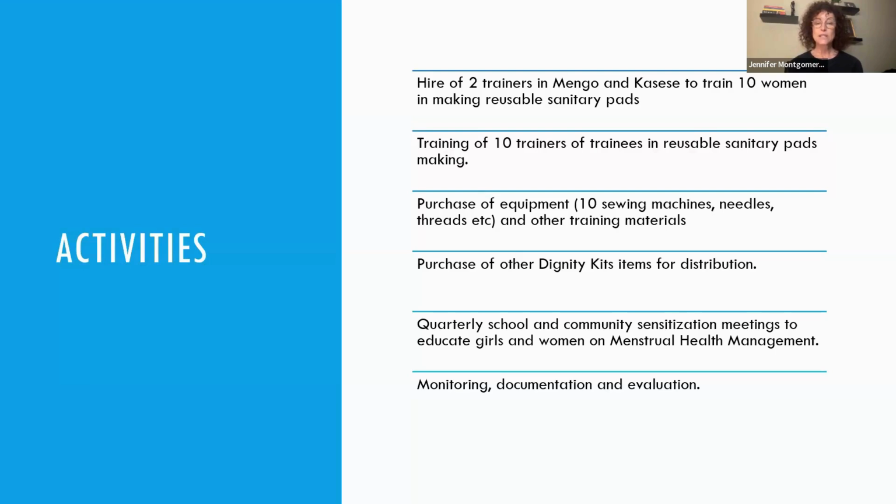Other items go in dignity kits, which would be things that girls and young women need so they can menstruate with dignity. Quarterly school and community sensitization meetings are really important because we need to talk about the issue of menstrual health management to reduce that stigma and make it something that's easy to talk about and not such a secret and not such a shame-inducing thing for these girls and women.